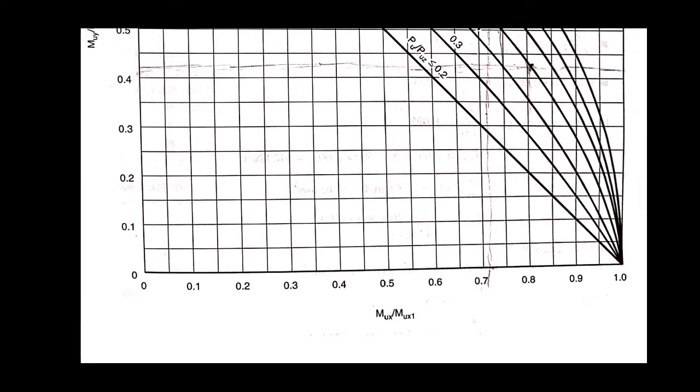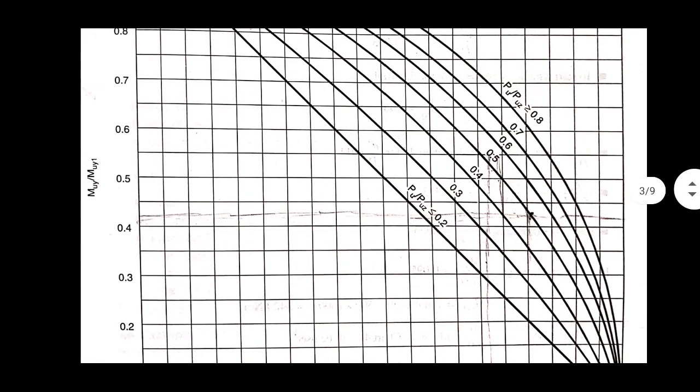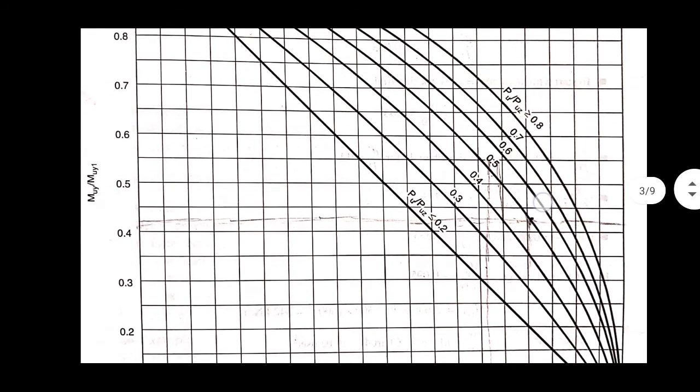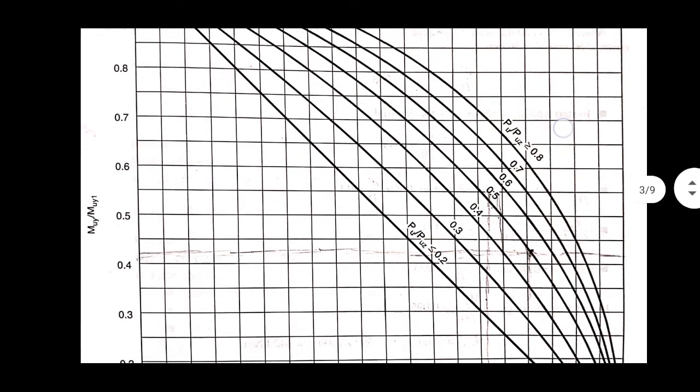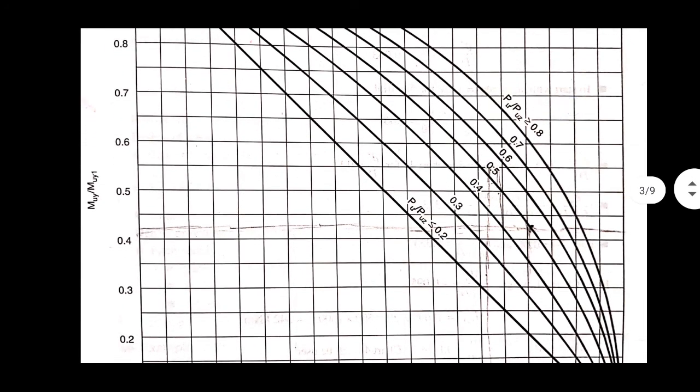On the x-axis we have to find the permissible value of Mux by Mux1, and the curves give the value of Pu by Puz. As per our calculation, the value of Pu by Puz is 0.53 and Muy by Muy1 is 0.421.